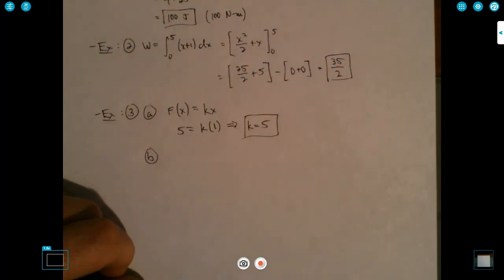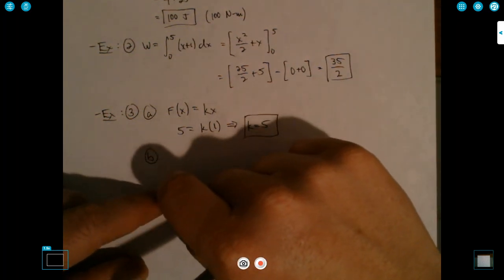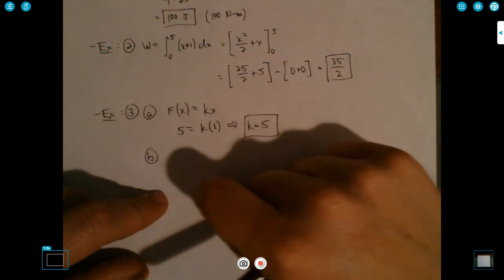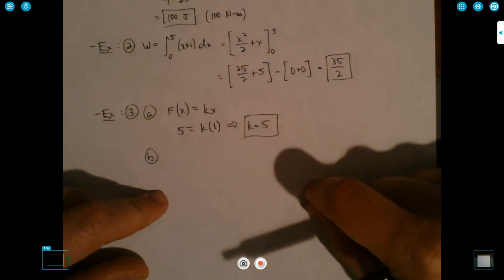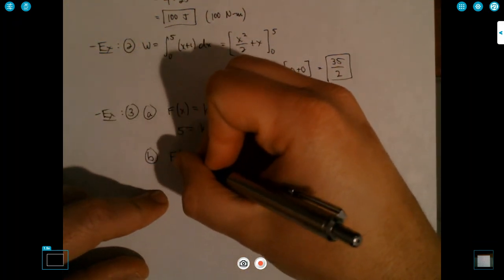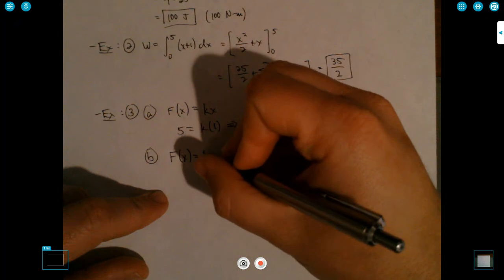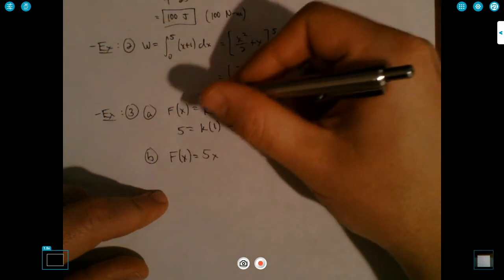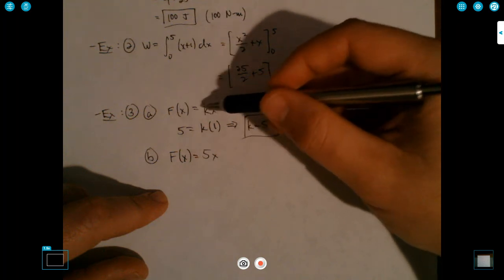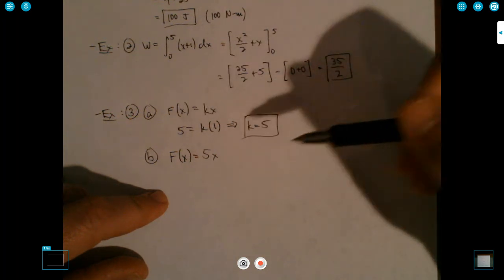When it's at equilibrium position. So we want to know, if we pull it back 1.8 meters, how much work is required to do that. Okay? So the variable force here, we know, is going to be 5x, right? Because Hooke's law tells us that f of x is kx, and we just said that k equals 5.